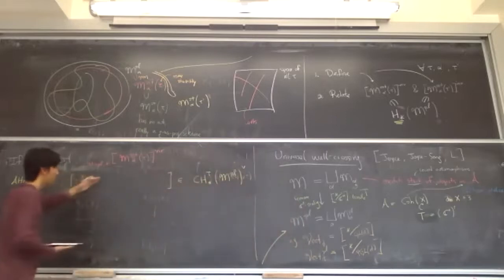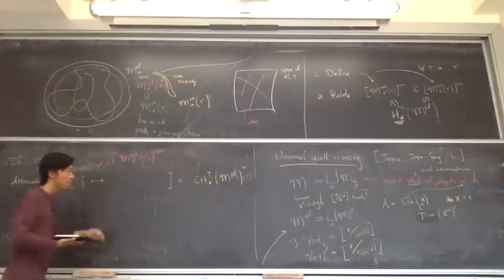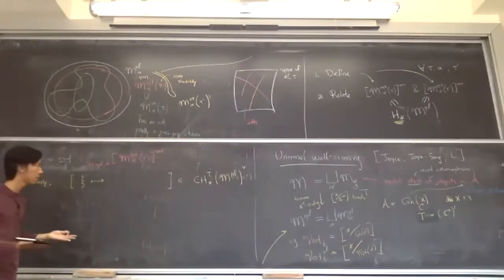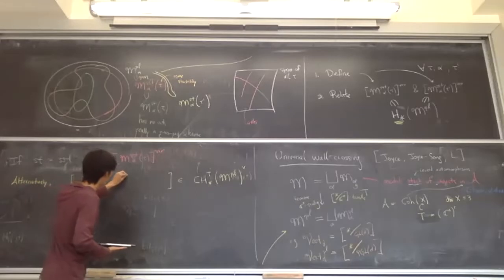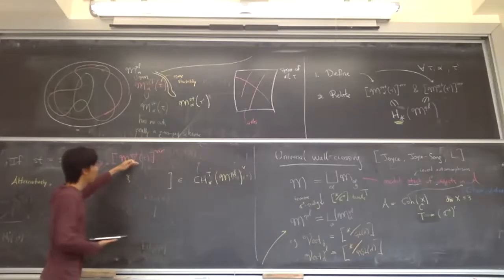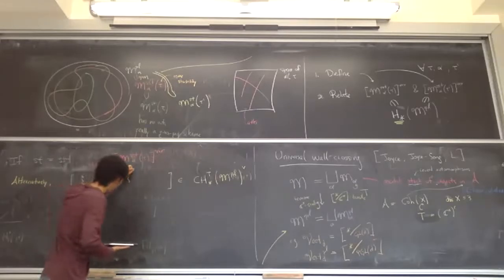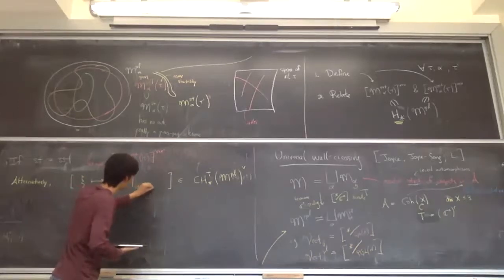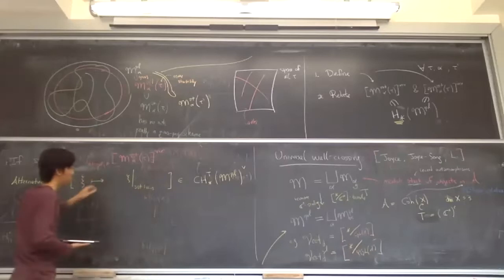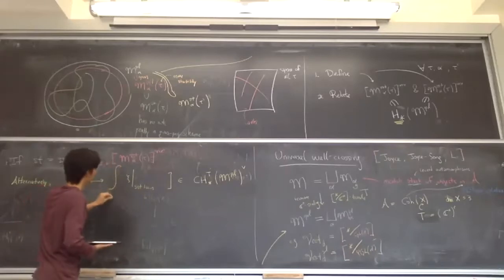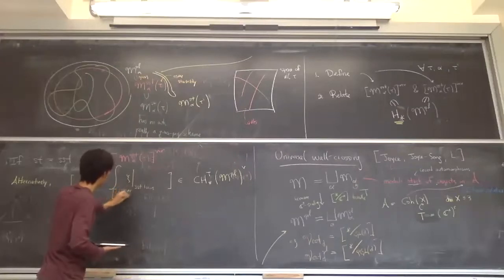So instead of thinking about the virtual class itself, we'll think about functions which eat some class on the ambient stack and pair it with this virtual cycle. So restriction to the semi-stable locus, which here for us is just the stable locus, and then it will integrate over this virtual class. Sorry, maybe I should write this out.